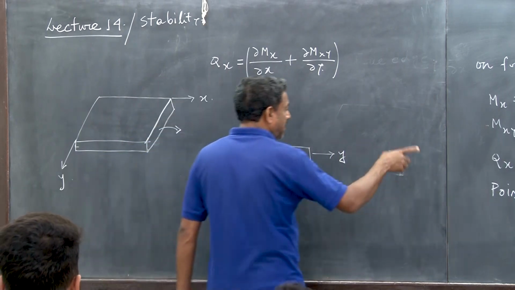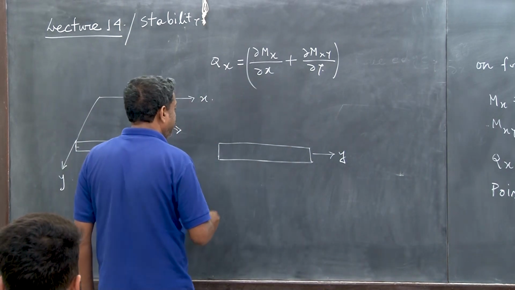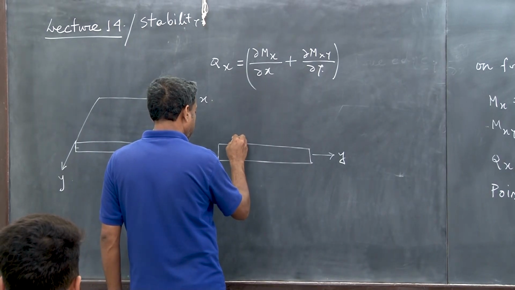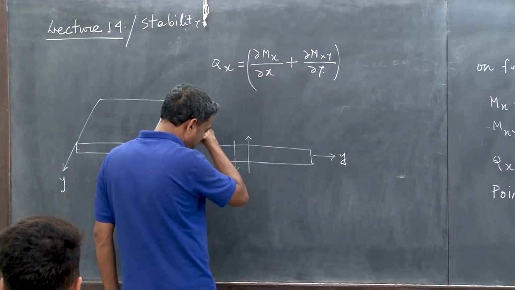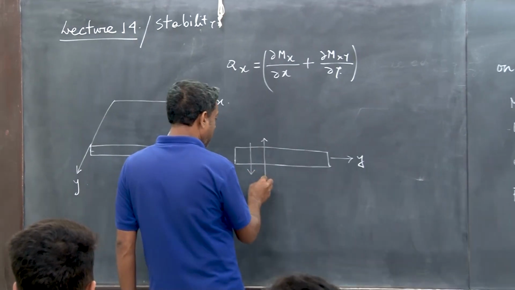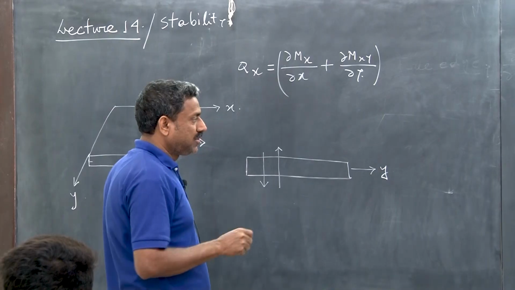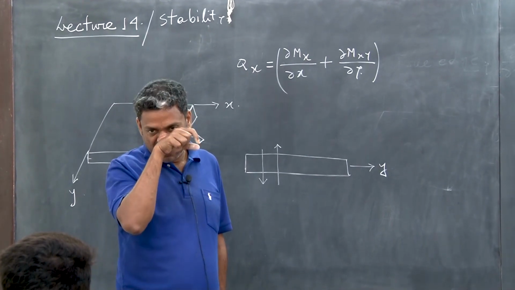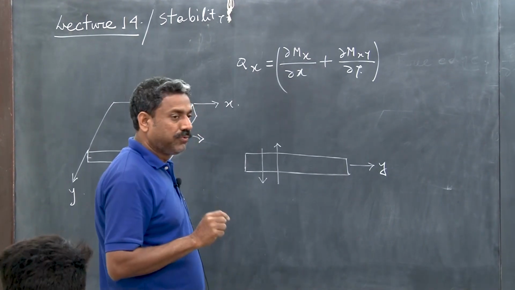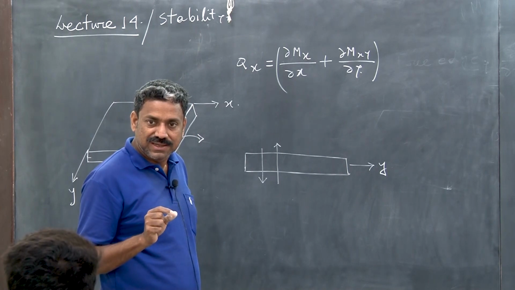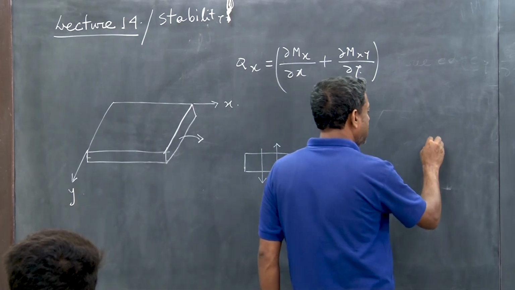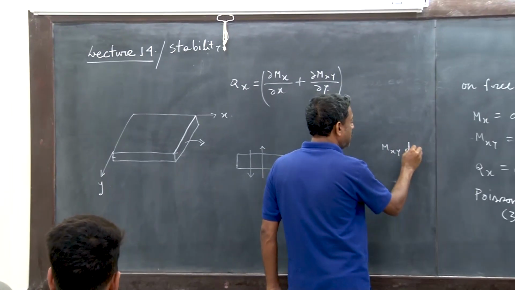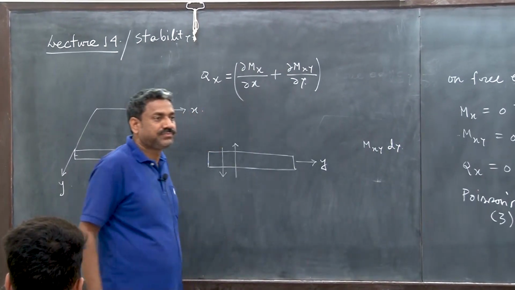Now, when it is subject to Mxy, I can consider that within a small stretch Mxy is the twisting moment per unit length. So, over a stretch of dx, the twisting is how much? Mxy into dy, isn't it?